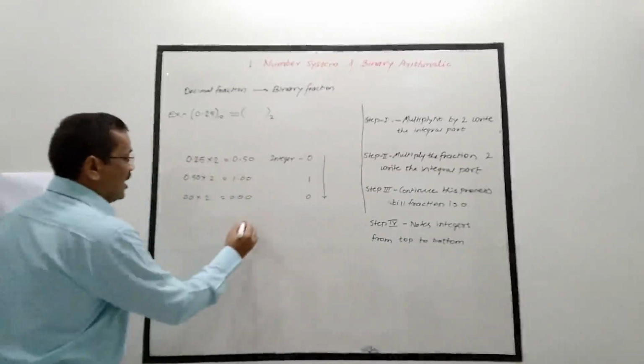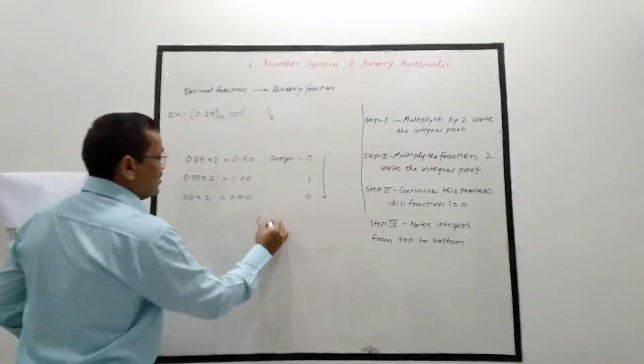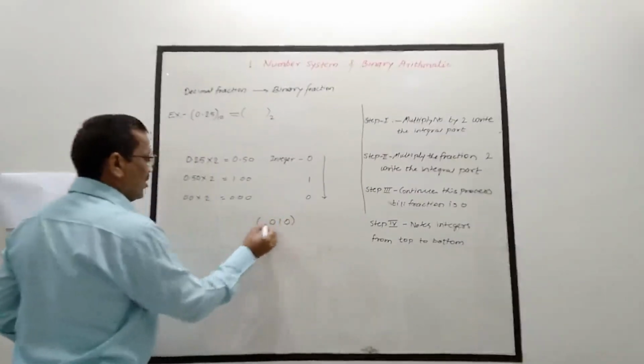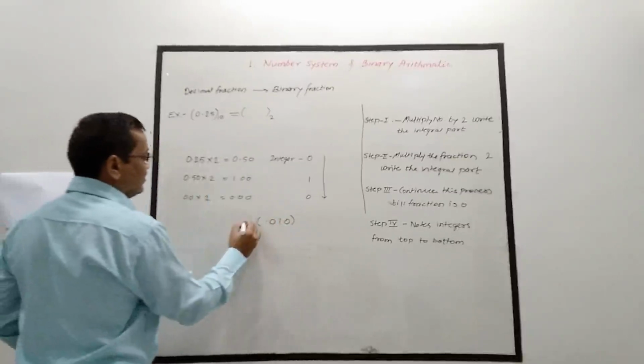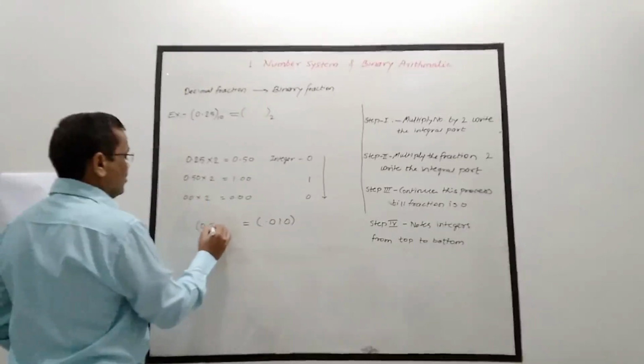That means we have to write the number like this: 0, 1, 0, and the decimal point will be placed here. It is the equivalent of 0.25 of decimal.